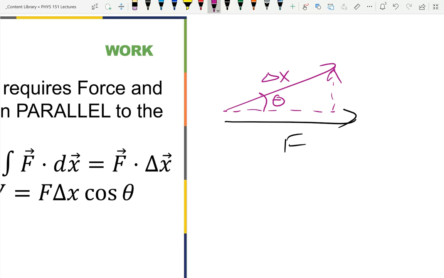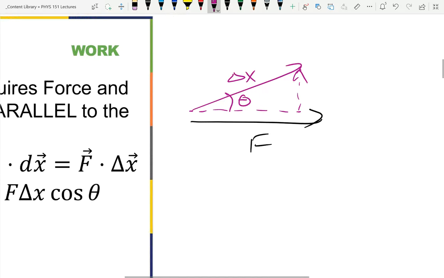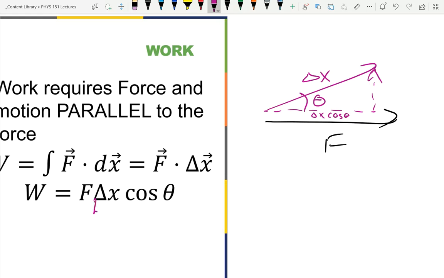If theta is the angle between force and delta x, what is the component of delta x that's parallel to the force? It's the adjacent side, so it's the cosine. So the adjacent side here is delta x cosine of theta. And so that's the distance traveled parallel to the force, and then times the force.